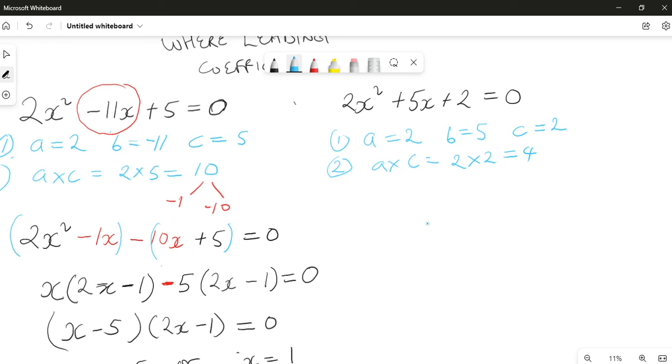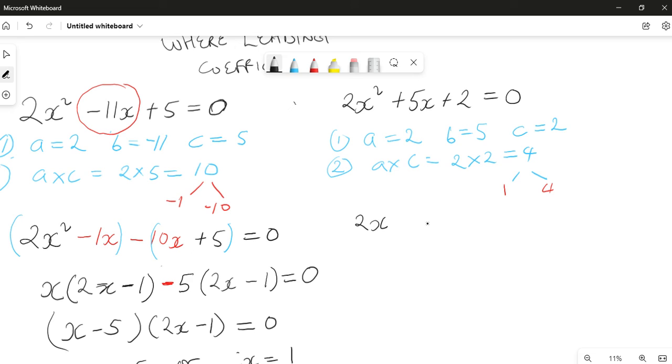We look for two factors of 4. When you multiply them, they should give you 4, and when you add them, they should give you 5. Those two factors of 4 are 1 and 4. 1 times 4 is 4, 1 plus 4 is 5. So we are going to split our b term here, as we did earlier.